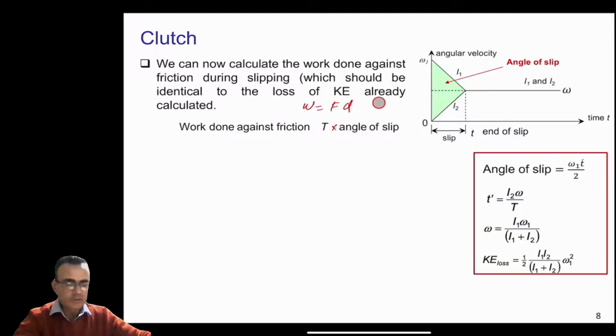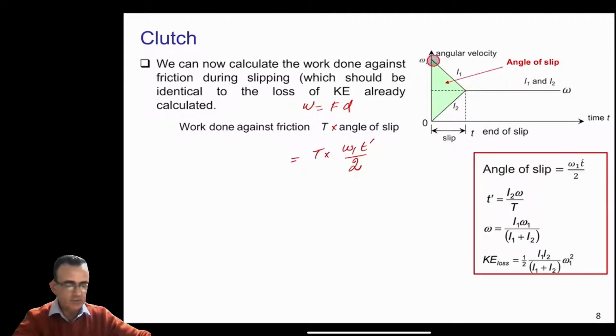So in the angular case, it's torque times angle, which is the displacement. If you want to calculate the work done, it will become T times the angle of slip, which we calculated in the previous slide, omega1 T dash divided by 2, which was this green area, this triangle here.